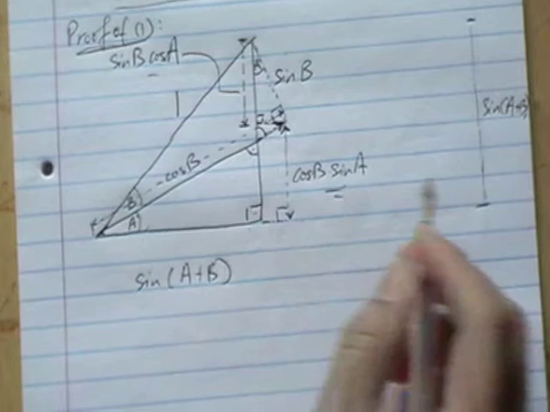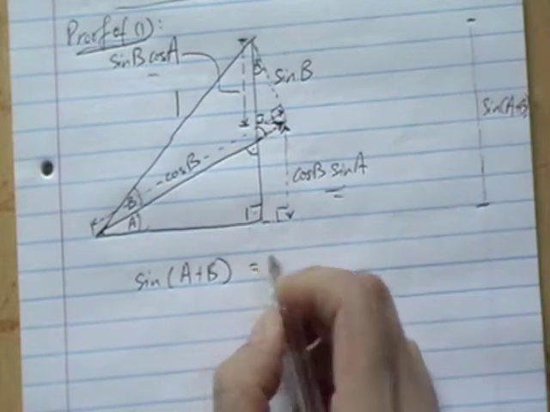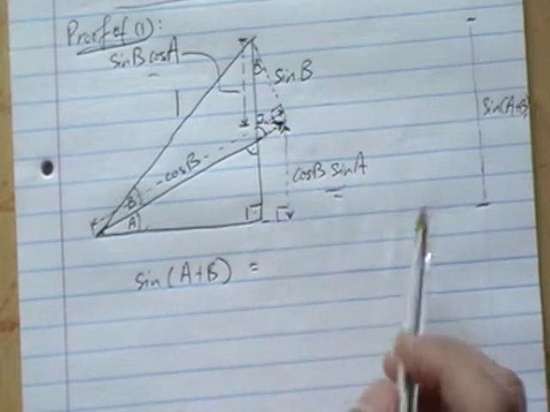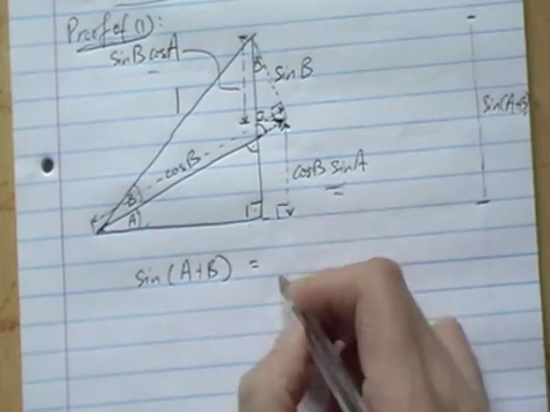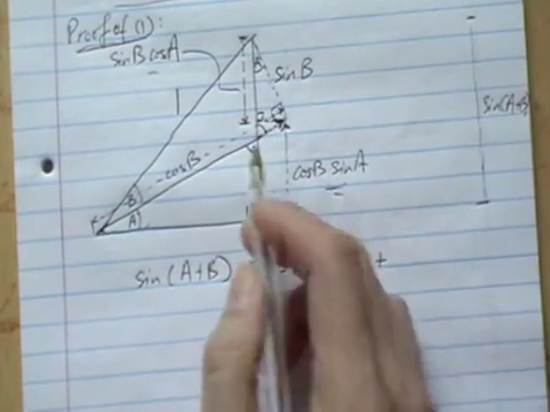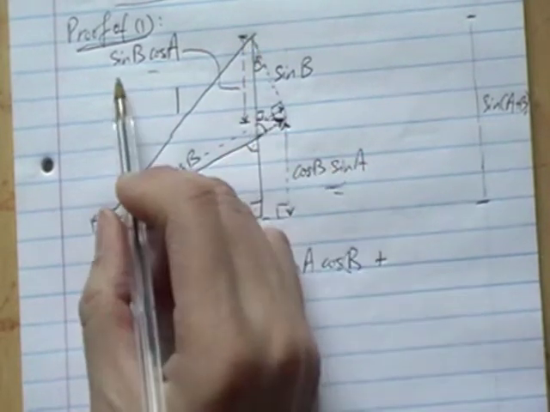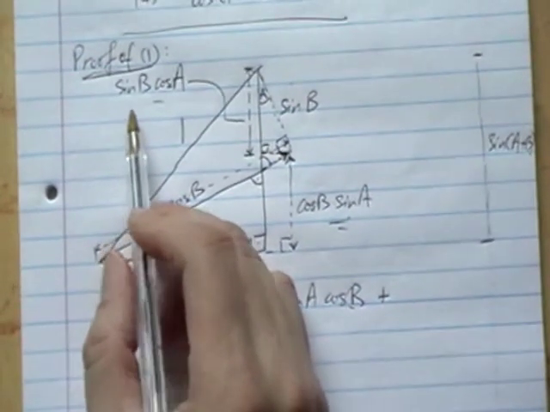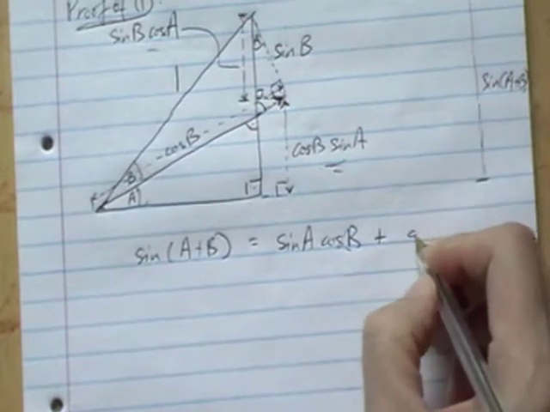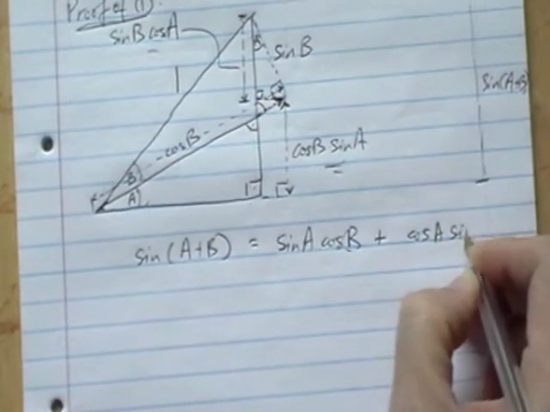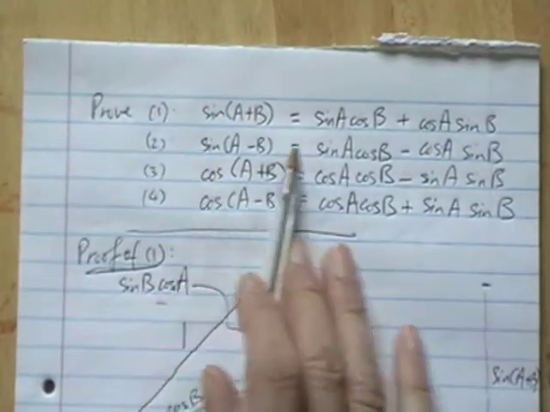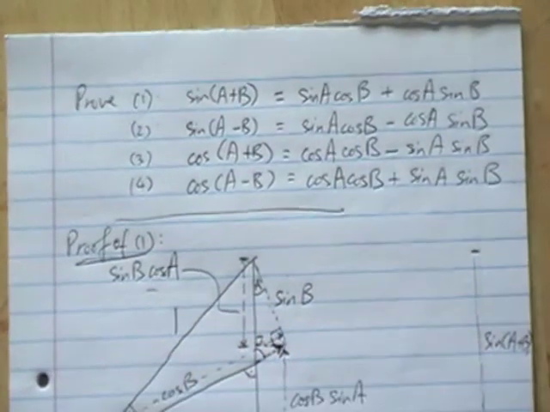Sine A plus B, which is the total height, is equal to this length, sine A cosine B, plus that length, which is cosine A sine B. And that completes the proof for the first identity.